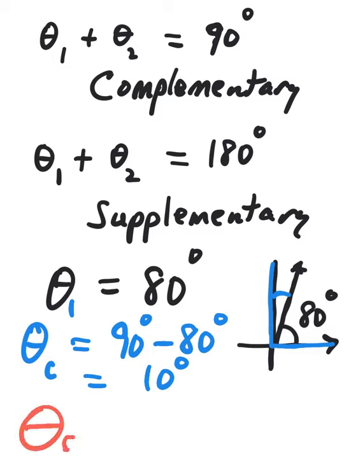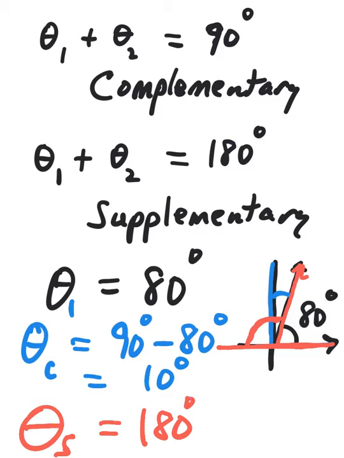Supplementary angles, we want to go the full 180. Now, if we have 80 degrees spoken for, how many more degrees do we need to make it a total of 180? That's right, 100 degrees.